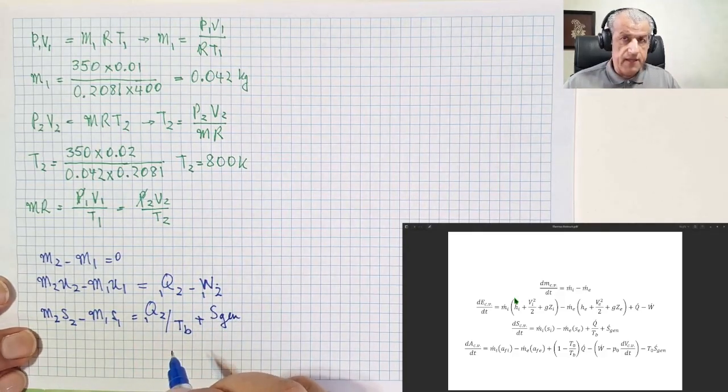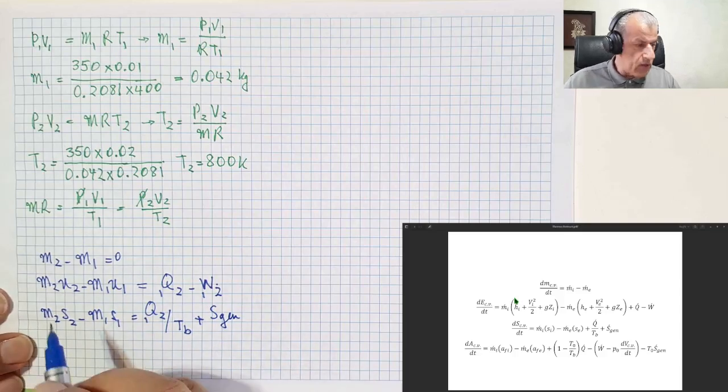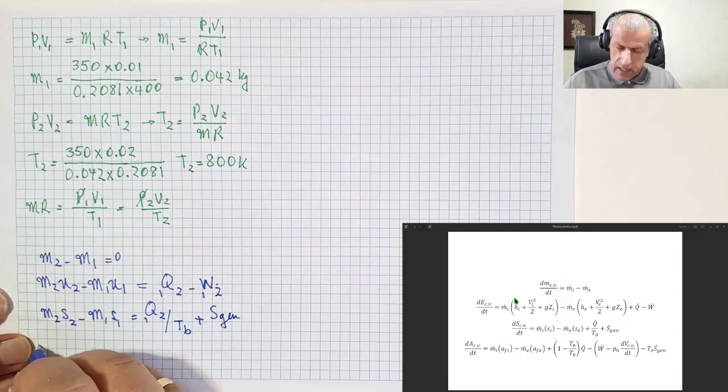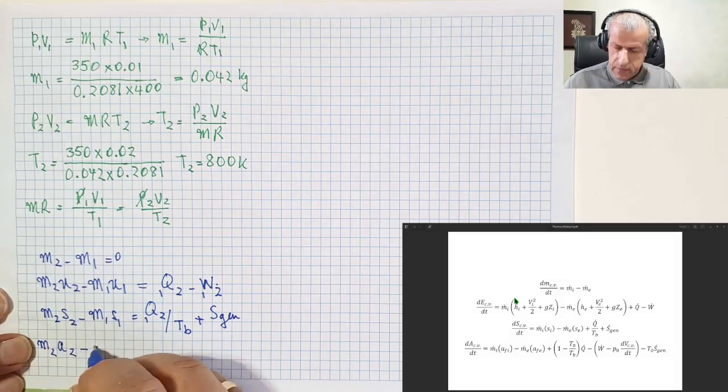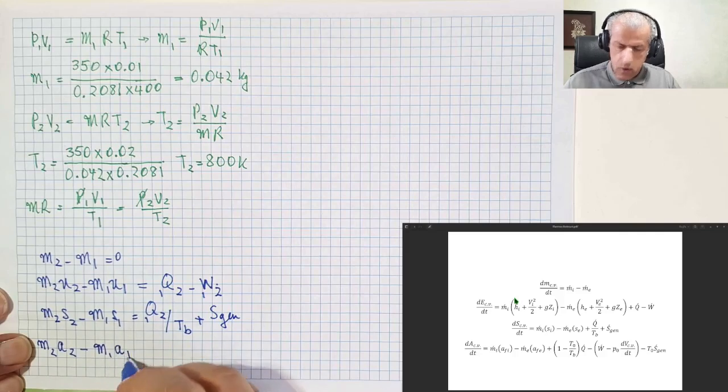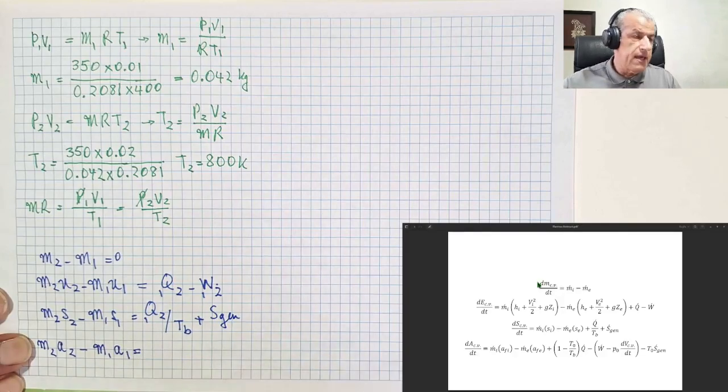And finally, the availability equation simplifies to M2A2 minus M1A1, and that equals, there's no mass entering or leaving, so these two terms vanish.